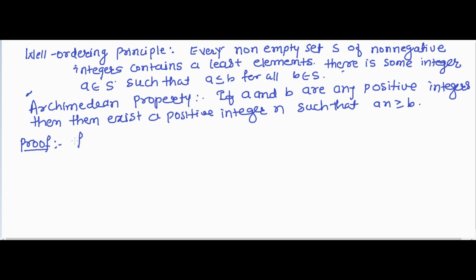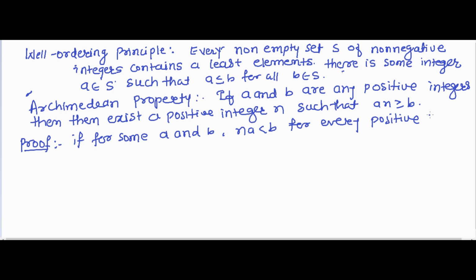That means for some a and b, n a is less than b for every positive integer n. We are assuming this for contradiction. So for some integers a and b, n a is less than b for every positive integer n.